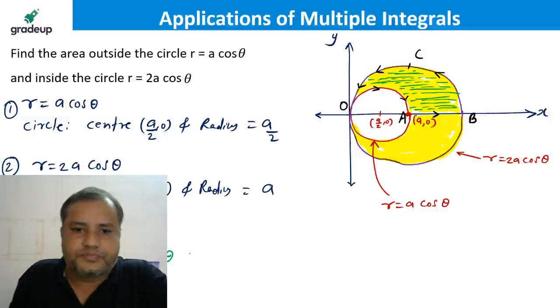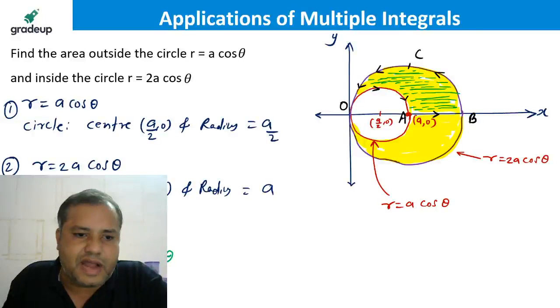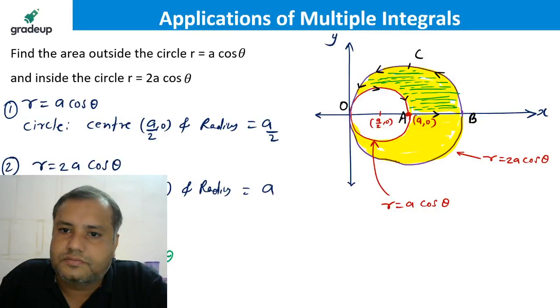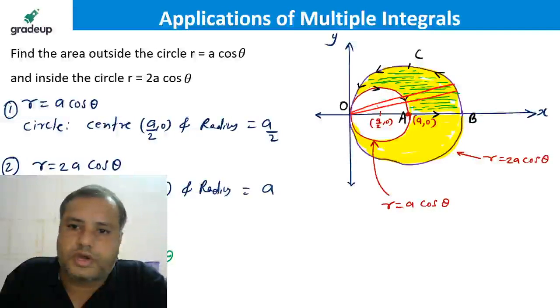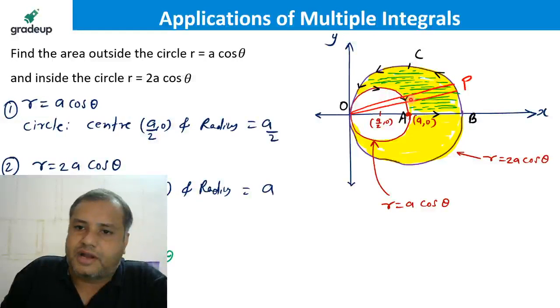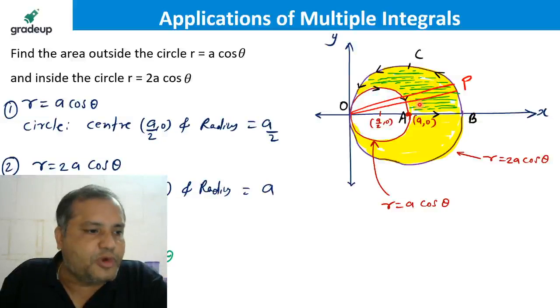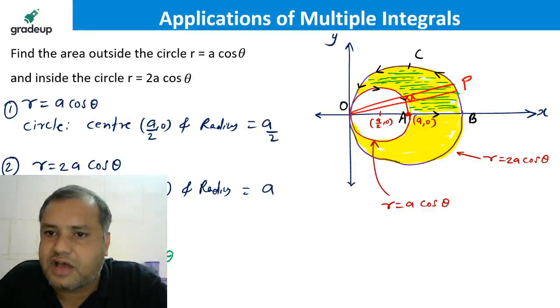Okay, so we will be drawing a radial strip. OP is the radial strip, but I will shade only that portion of the radial strip which is lying in the region R1.